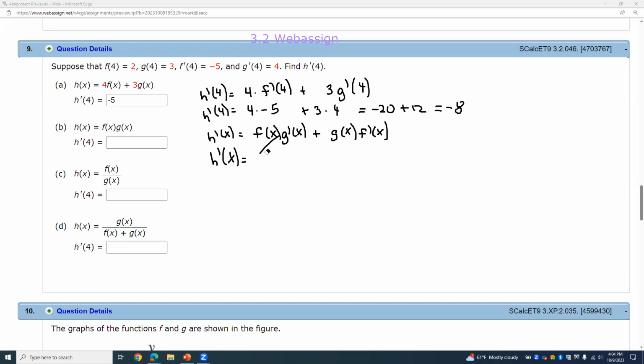Like if you just had these two products written in the opposite order, or also vice versa. Because multiplication and addition are commutative, it's okay if you have it a couple of different ways.